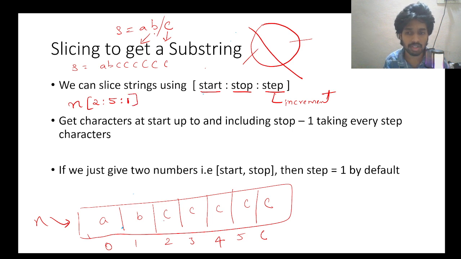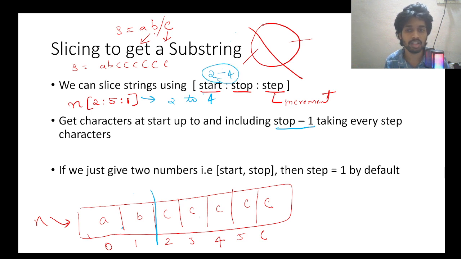So what happens here is that from this string, from 2 until 5, but in string slicing we'll only get 2 to 4. We get stop minus 1. Whatever index we mention, we get from the starting index to stop minus 1. Stop is 5 and stop minus 1 is 4.